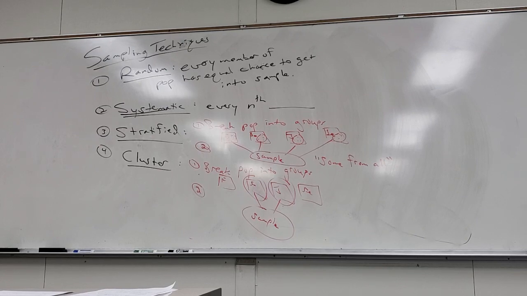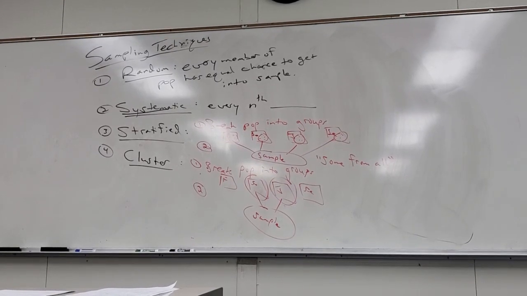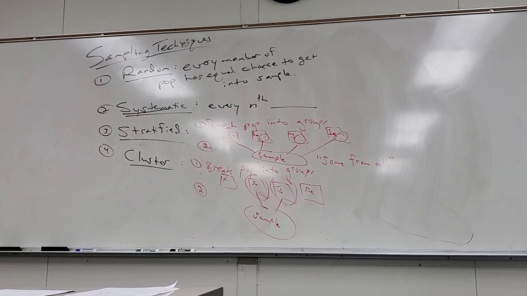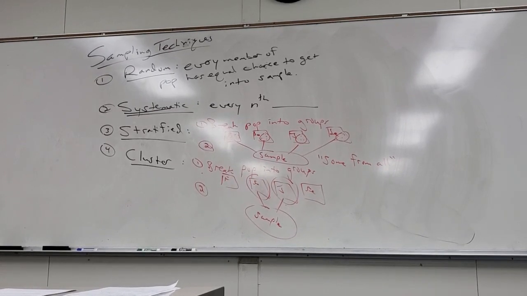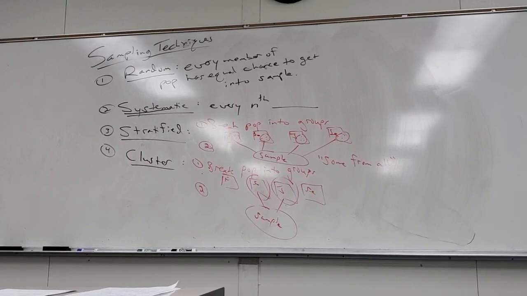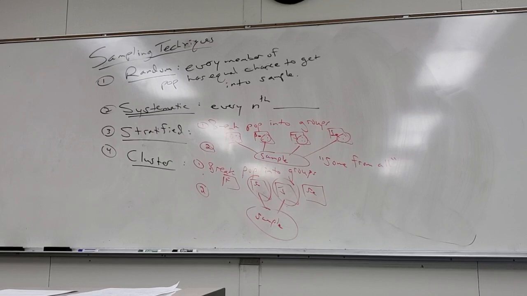If I randomly select somebody from each row, if you don't think that's random, tell me who in the population did not have a chance to be in the sample. Is there anybody in this room right now that did not have a chance to be picked? So did everybody have a chance to be picked? Yes. So it is random.